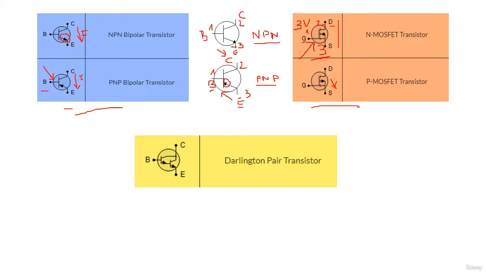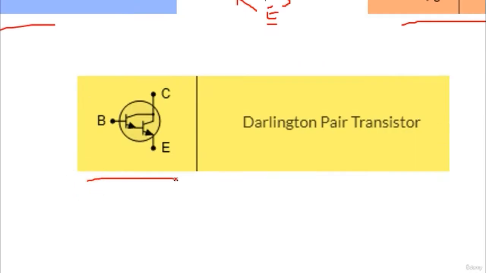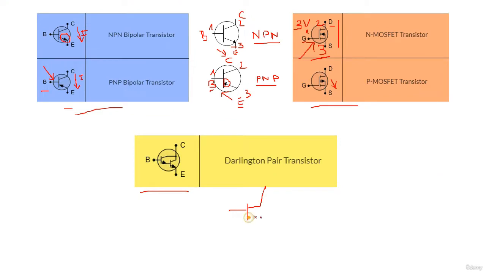Now let's see another, special symbol, as you see over here. This is a Darlington Pair Transistor. This kind of transistor is composed of two transistors. As you see, this is the first one and this is the second one. So let's draw it here.